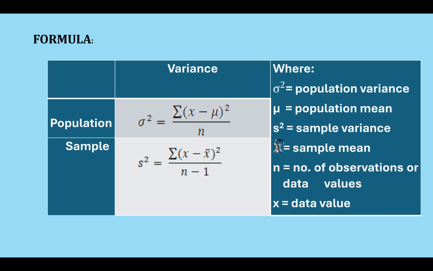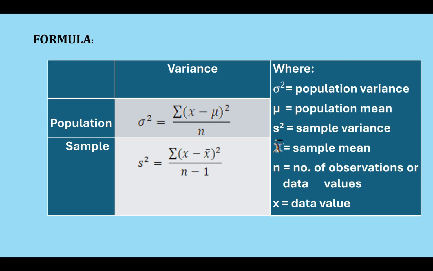For the population, the variance is equal to sigma squared, which is the summation of the squares of the deviations of the data from the mean, divided by n. Whereas for a sample, our variance is s squared, which is the summation of the squared deviations from the mean, divided by n minus 1.